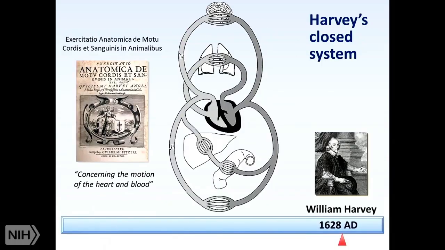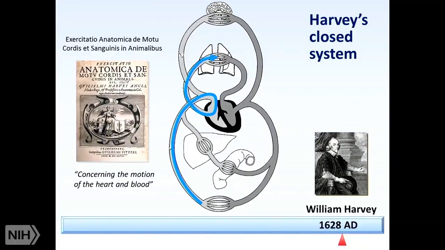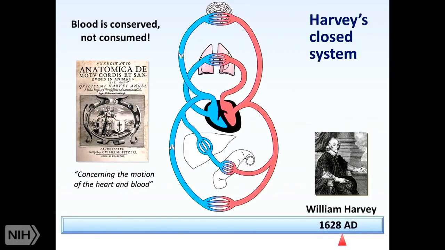All of this would change in 1628 when William Harvey, an English physician, published his short book with a long title, 72 pages long, what's considered now to be one of the greatest works in the annals of biomedical history. Using a series of elegant physiological studies that represented more of a methodological rather than a technological advance, for example, the crude quantitation of cardiac output and the strategic use of tourniquets, William Harvey discovered that arteries and veins are functionally, if not structurally, connected, and that blood is conserved rather than consumed.